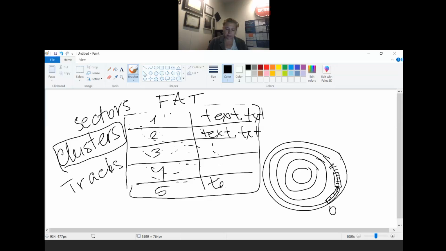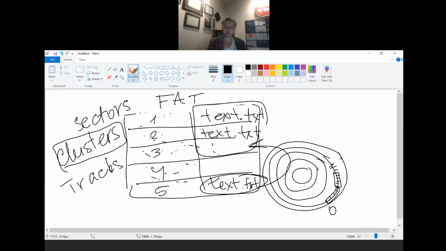And for example, we have text.txt here. As you can see, they're not continuous. With defragmentation, this would be moved here, so the arm doesn't have to go all over the disk, and the system doesn't have to search all over the platters for the next chunk of files.